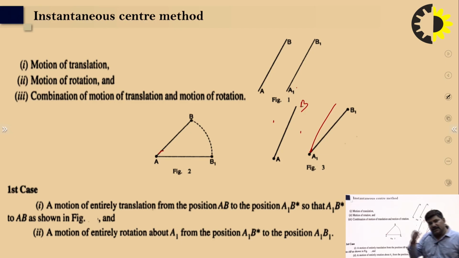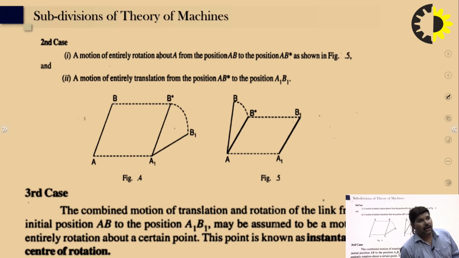So there is a combination of translation and rotation. In the other figure, you can see the motion of entire rotation about point AB to position AB dash, and then the motion of entire translation from AB dash to A1 B1. So the combination of this is translation.